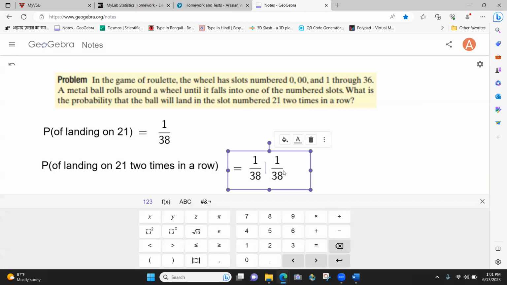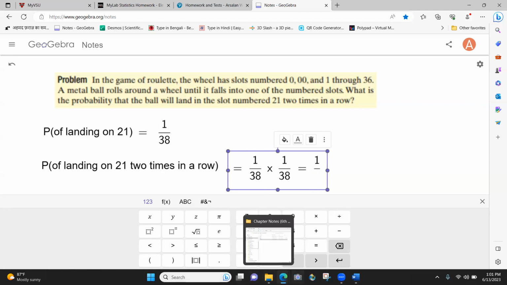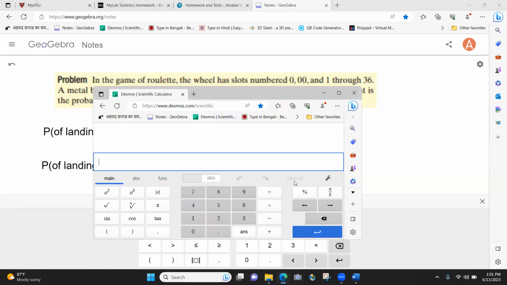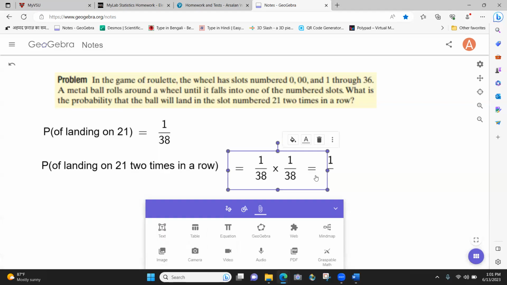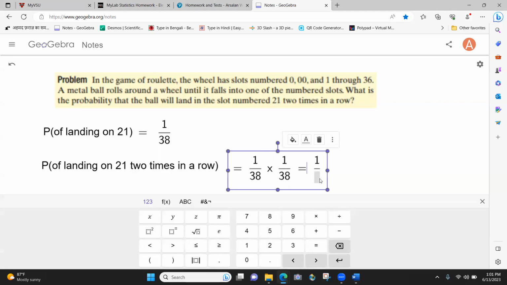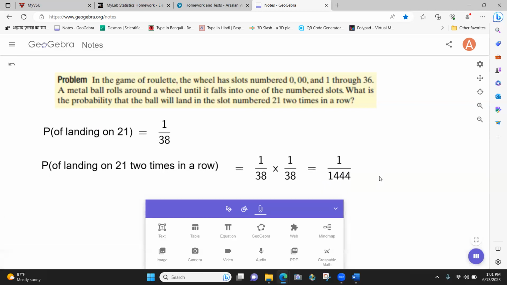Now, I recommend that if I give you a problem like this on the exam, you do this: 1 times 1 is 1. 38 squared is what? Is this number? That's your answer to this problem.